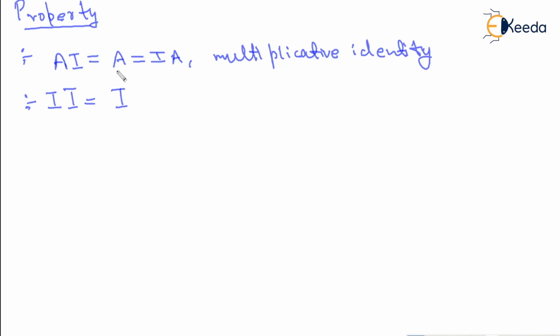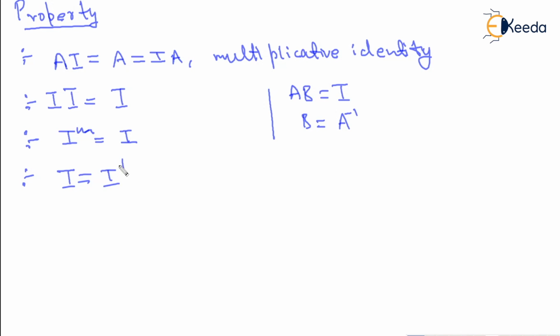If A into I gives A, then I into I gives I. And if we keep on multiplying I, we'll get I to the power of n equal to I. Other than that, we'll see the inverse: if A into B gives I, B is given as the inverse of A. So you see I into I is giving I, so I is also the inverse of its own.